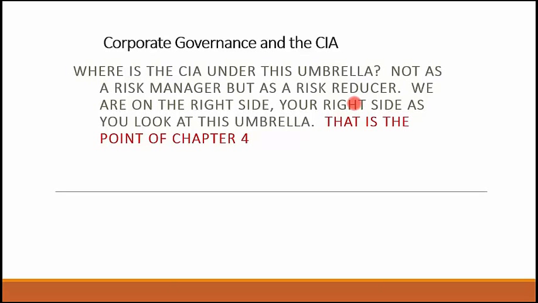So again, we are attempting to reduce risk in such a way that management is able to do a better job. But ultimately, management is responsible for these internal controls. Our responsibility is to assess these and to communicate our results to the governance committee.